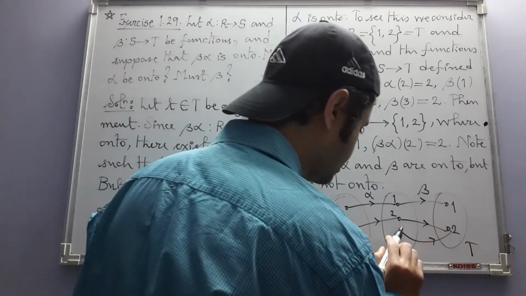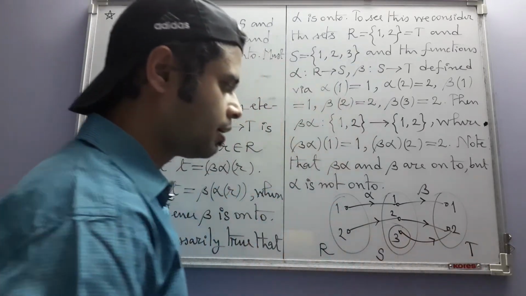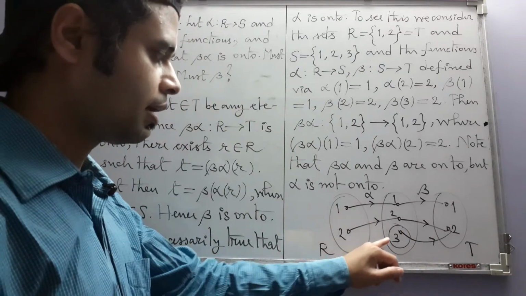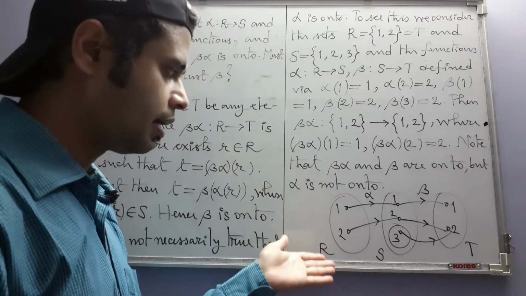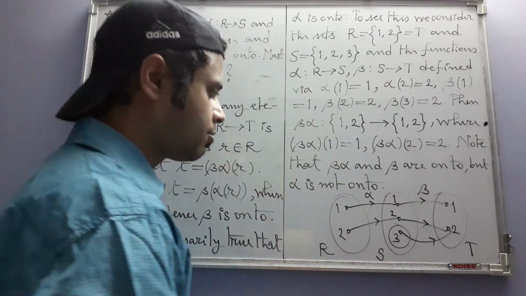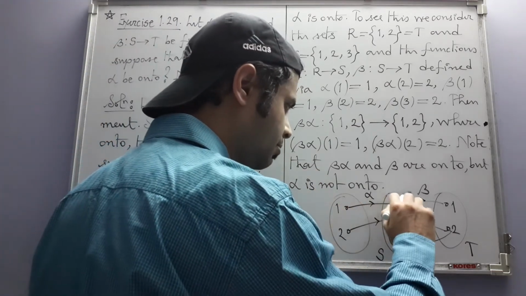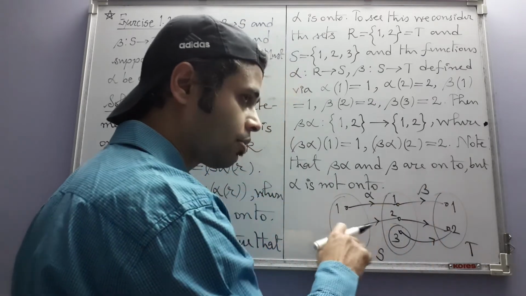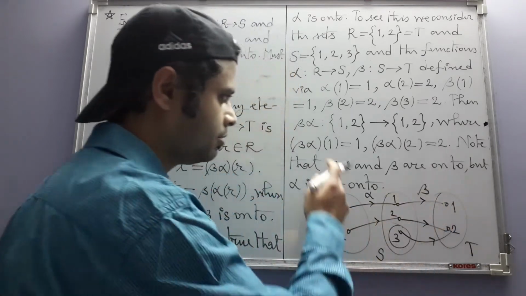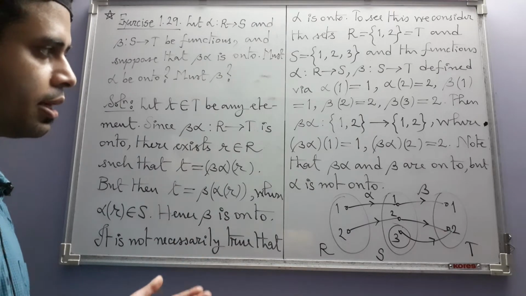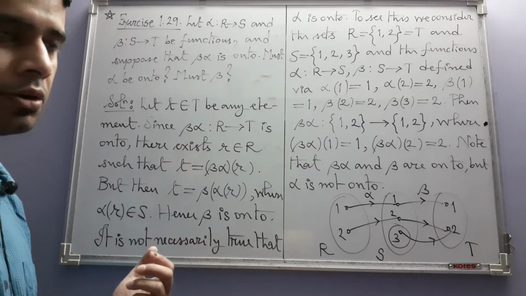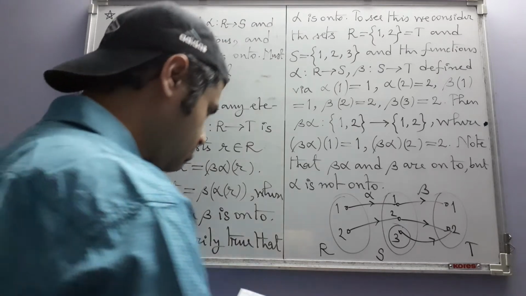Whereas that is the case with the element 3 for the function alpha. 3 is not the output of any element of R under the function alpha. So alpha is not onto, but beta is onto, and beta alpha is of course onto. So this example shows that alpha is not necessarily onto.